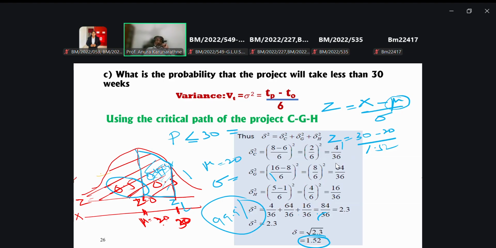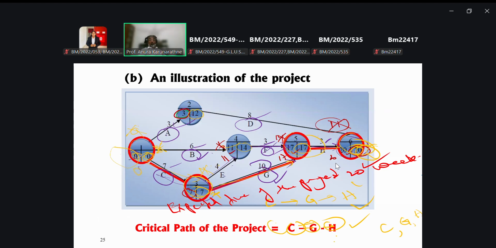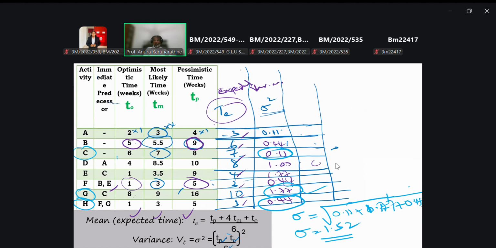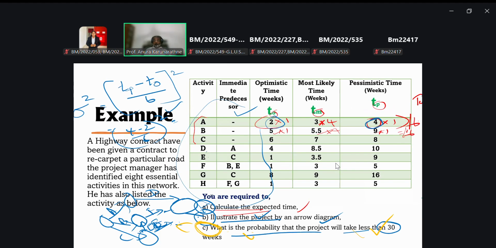Now if I change this question into this one, what is the chance of completing this particular task below 24 weeks, not 30?